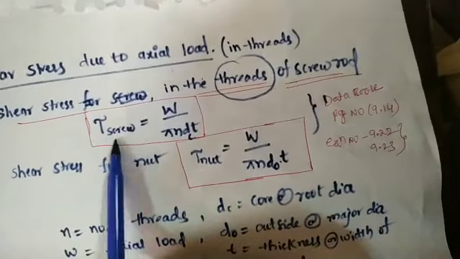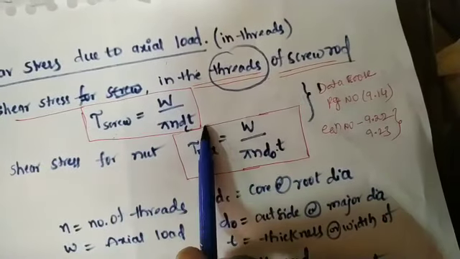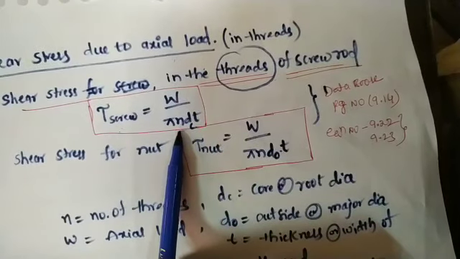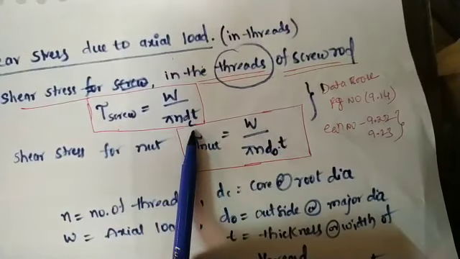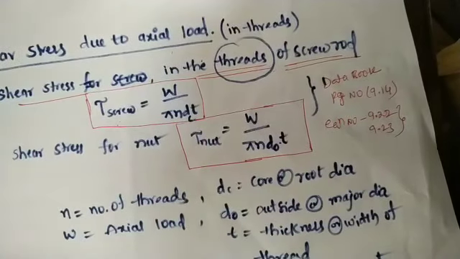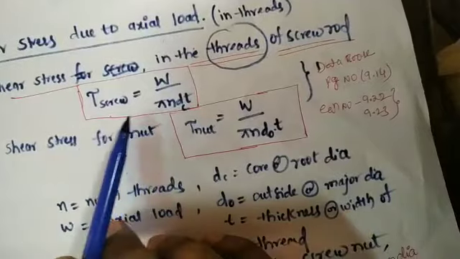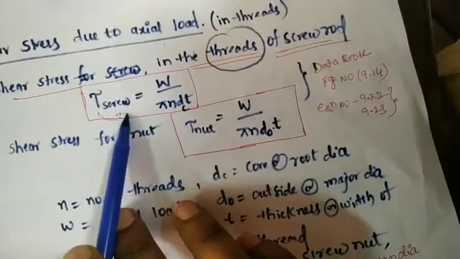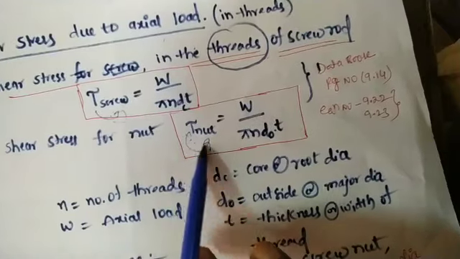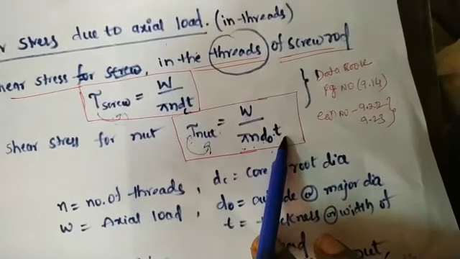By using this formula: tau screw equals W by pi into Dc into t into n. W means load, n means number of threads, Dc means core diameter, small t means thickness or width of the thread. This formula is used for stresses in the screw. The next, for the stresses in the nut: tau nut equals W by pi into n into D naught into t.